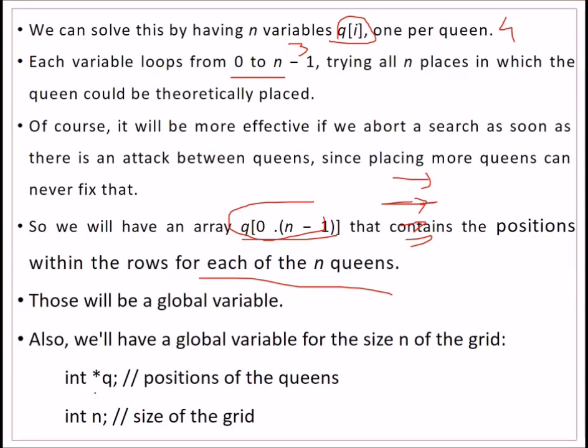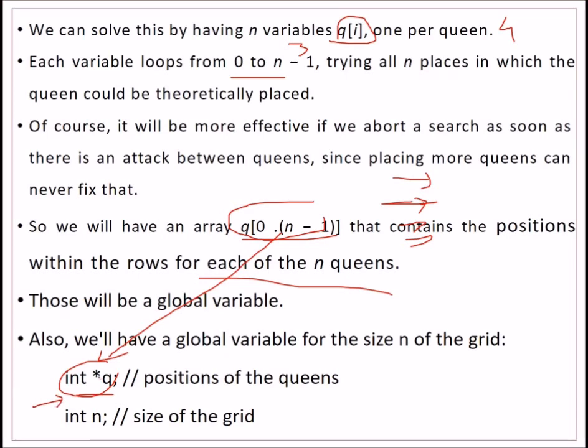Then we'll have the positions of the queen. This, how we have to declare it. We'll use it as an array, so we can write it like this. This particular initialization, this is not initialization actually, it is declaration.